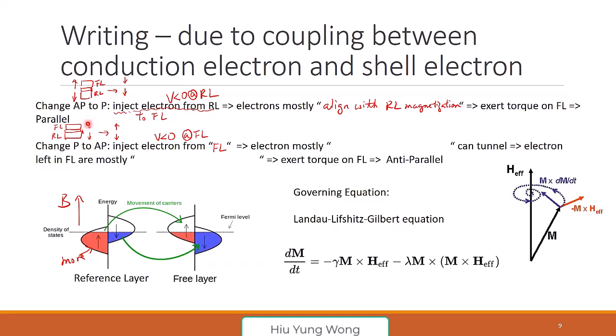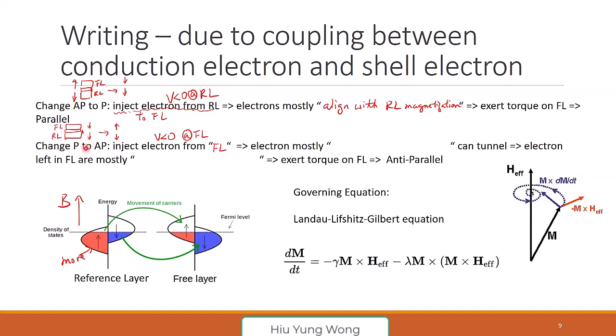Now I inject electrons from top to bottom. Are these electrons going into the reference layer aligned with the reference layer or opposite? Opposite to the reference layer. Do you have more electrons?